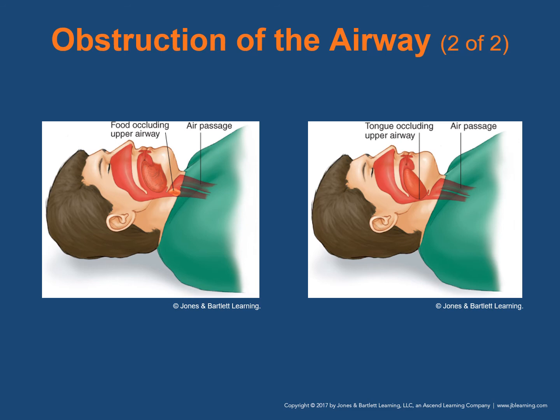It's right there in the hypopharynx, got caught probably at the epiglottis. And the second picture is an unresponsive patient where their tongue is occluding that airway. So head tilt, chin lift, or jaw thrust maneuver would be great.